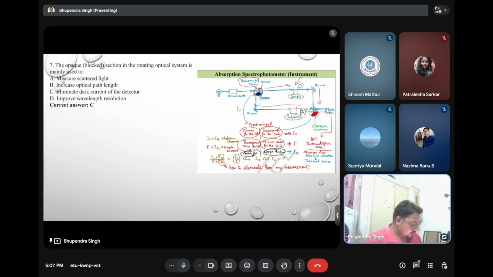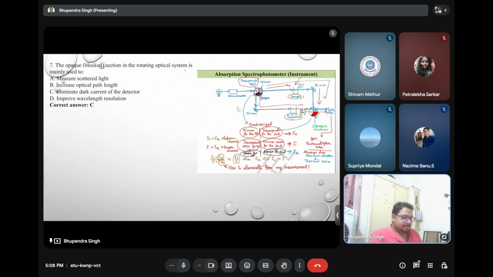I0 will be here, I will be here. This I'm not going to tell you, but an opaque will match with the opaque one. Okay, fine. So basically, this opaque section is present in this rotating disk to eliminate the thermal noise, or the dark count, I would say, of the detector.